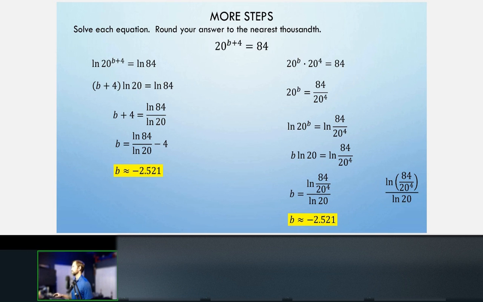All right, just give me a green check after you type it in and you got the same answer. Okay, good.